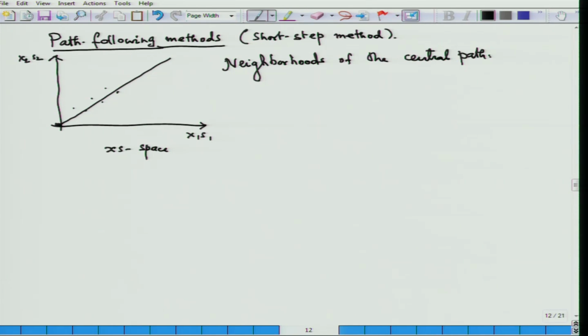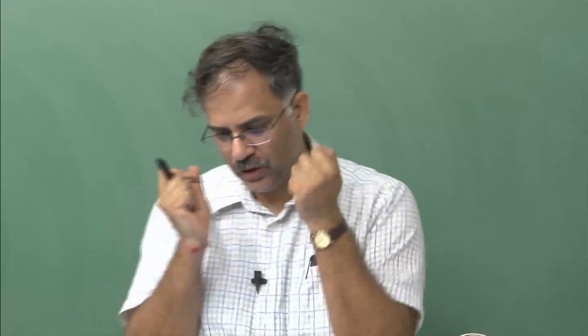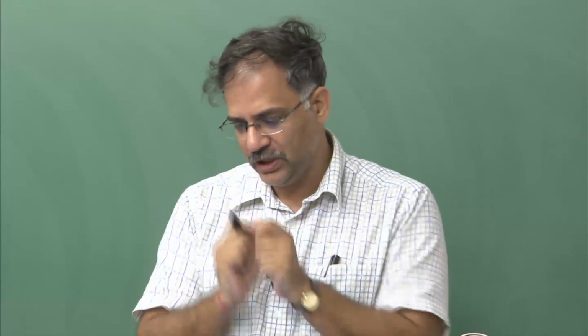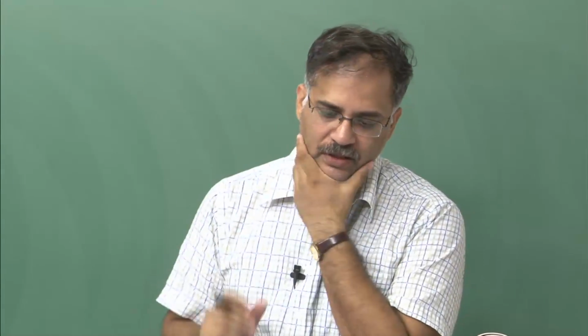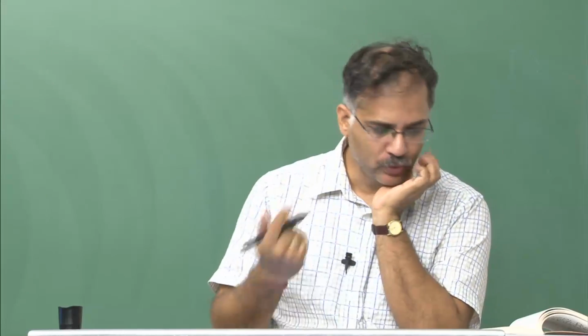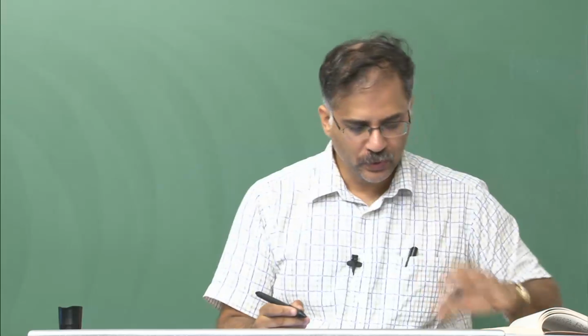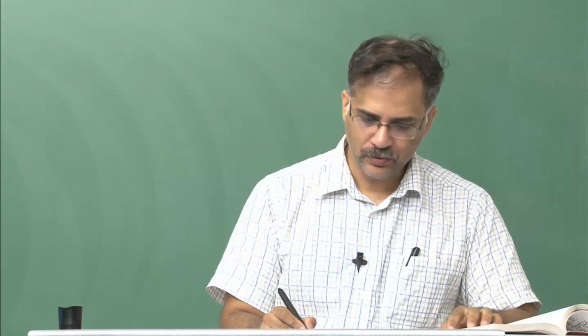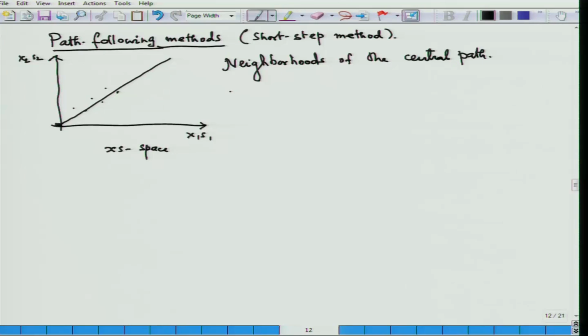There are two types of neighborhoods, and one is called the shorter neighborhood, a neighborhood which allows short steps, that is the short step method. Another one allows you more flexibility, and that would be used for the long step. So, what we will use now is the following neighborhood. We will write down the two neighborhoods.